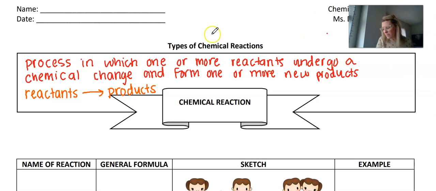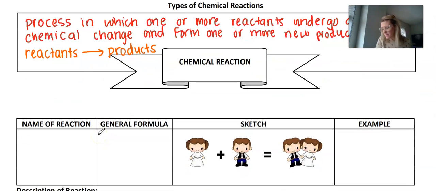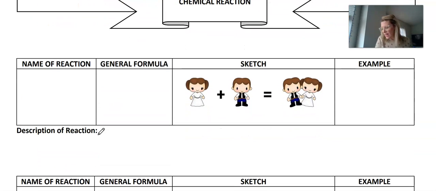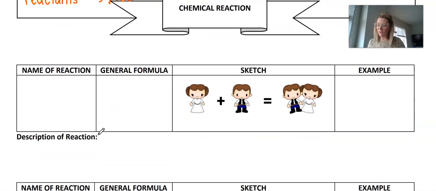Our first type of chemical reaction is one of the more basic types. As you can see from our little love story here, we have two separate substances coming together to form one substance together, like two single people coming together to form a couple.